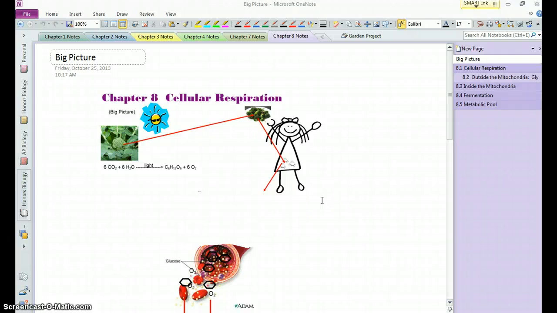Okay, so now we want to talk about the counterpart to photosynthesis, that is cellular respiration. And so we see here, when we look at the big picture, that these two reactions are related to each other.